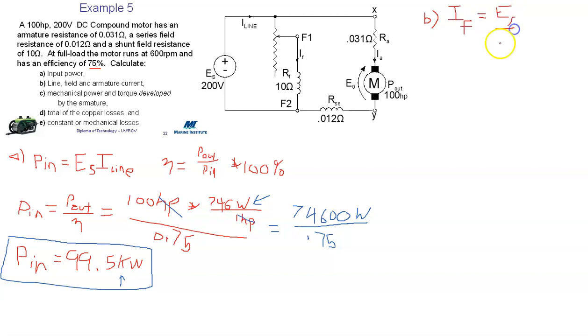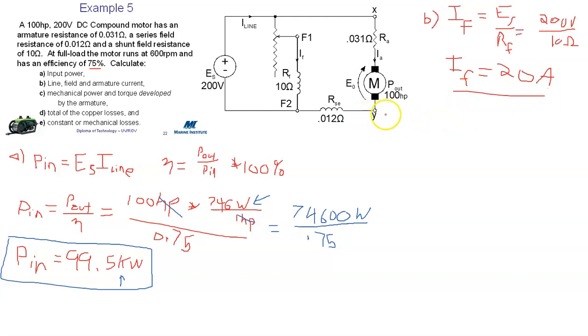We have ES divided by RF, and that gives us 200 volts over 10 ohms, so IF equals 20 amps.